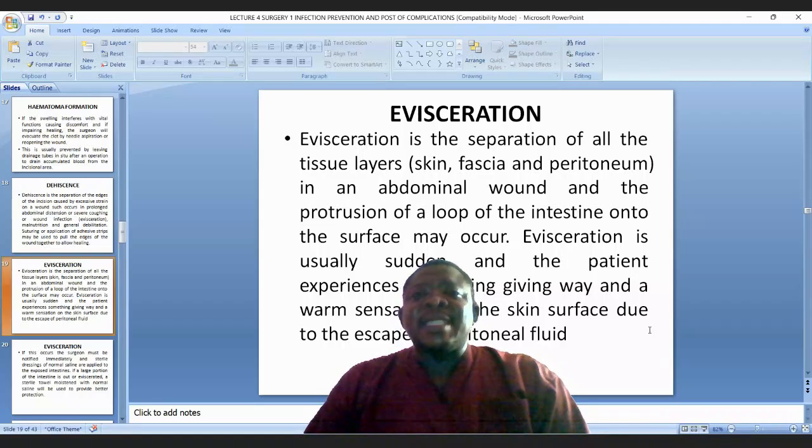So in evisceration, some viscera or internal organs start to protrude on the incision area because of buildup of pressure within the abdominal cavity. We are looking at the separation of all the tissue layers in an abdominal wound and the protrusion of a loop of the intestine onto the surface.